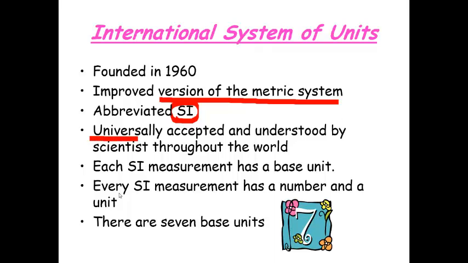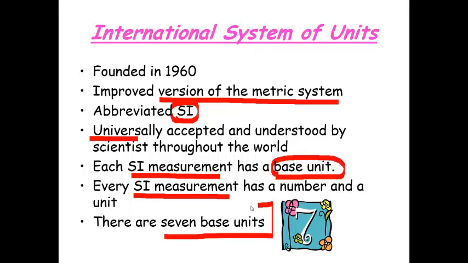So each SI measurement has what we consider a base unit, a specific unit that we use for distance, for time, for speed, for everything. Every SI measurement has a number and a unit, and there are 7 base units. You'll find out in chemistry, 7 is like the magic number. There are lots of things that have to do with 7 within chemistry.